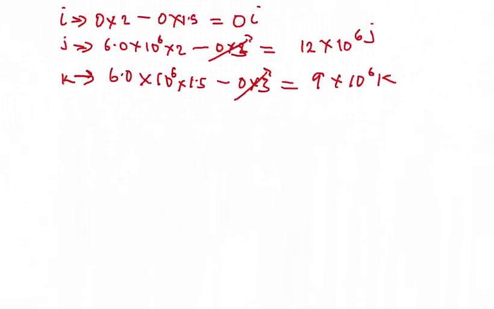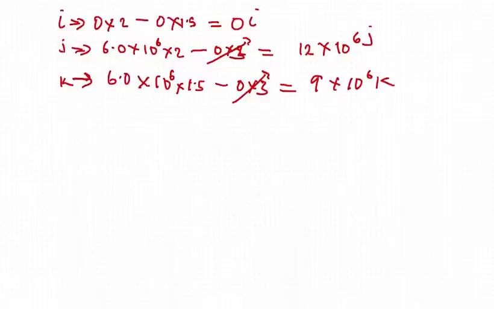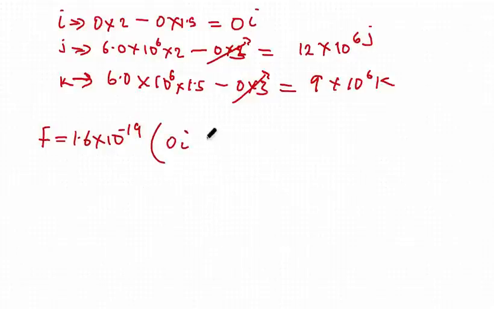So we can say that F is equal to 1.6 times 10 power minus 19, then into the I component here is 0i plus 12 times 10 power 6 j plus 9 times 10 power 6 k.